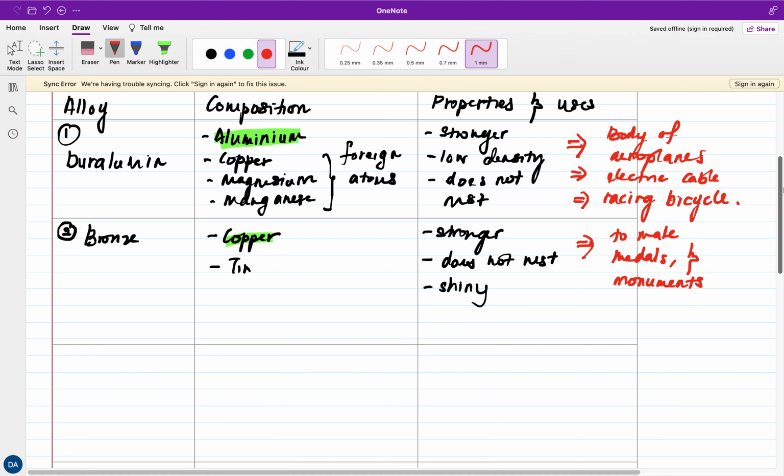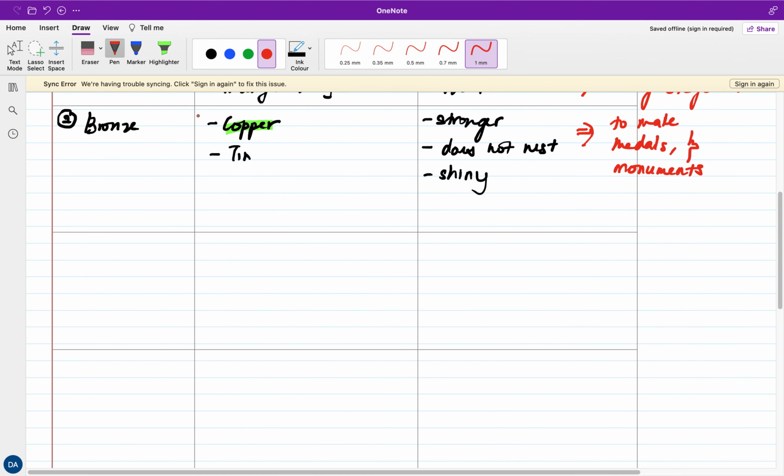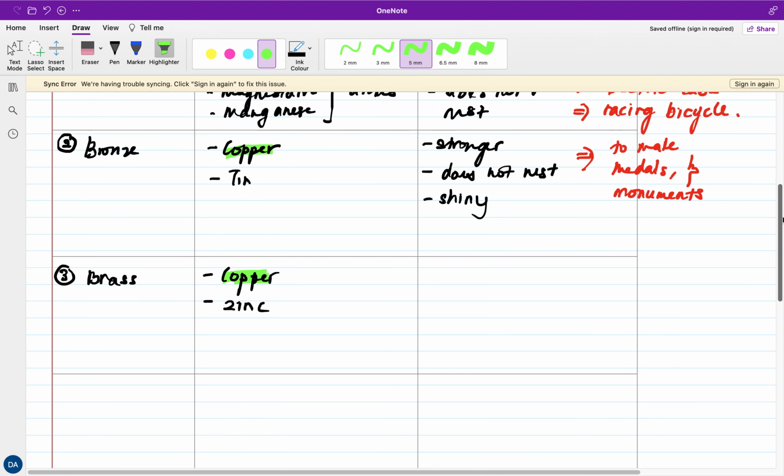Okay, next example, number 3, will be brass. Main component is copper, but in this case the element which is added will be zinc. So again, copper is the main component which is highlighted in green. Zinc is the addition.